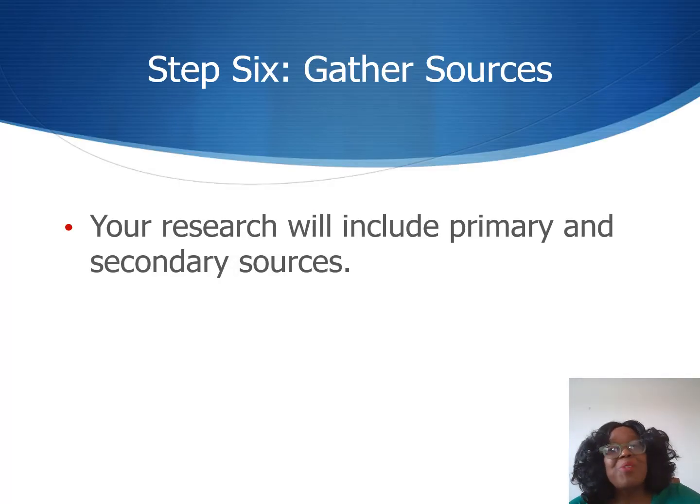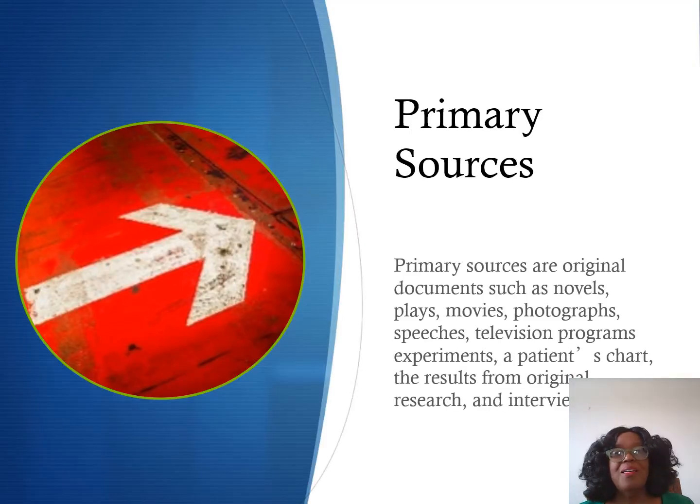Step 6, gathering those sources. Your research will include primary and secondary sources. About the primary sources. Primary sources are original documents such as novels, a play, a movie, a photograph, the results from an experiment, an interview, a patient's chart.